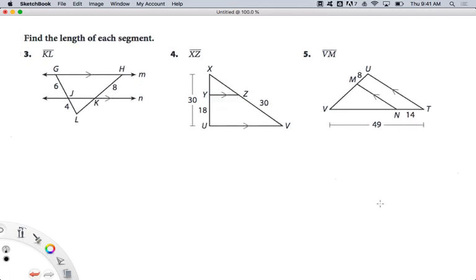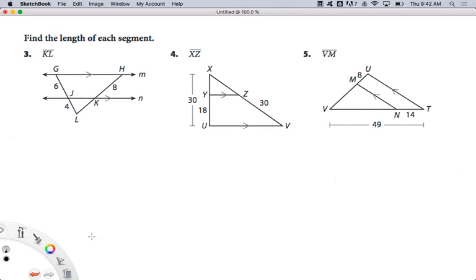Well, it tells us that if I have a triangle and it's intersected by a line that's parallel to one of the sides, so this line intersects a triangle and it's parallel to this side, then it divides the sides proportionally. What does that mean? The ratio of this, 4, to this, 6, equals the ratio of this, KL, to this, 8. So 4 to 6 equals KL to 8. Simple as that. It divides those sides proportionally.